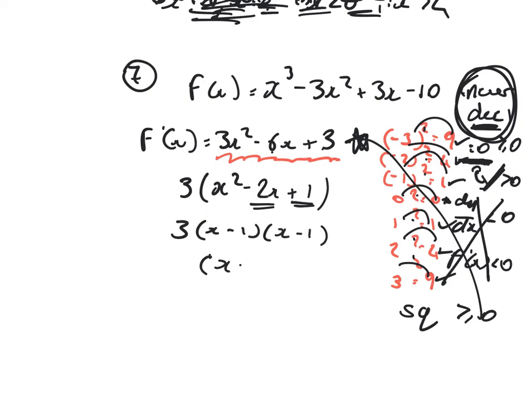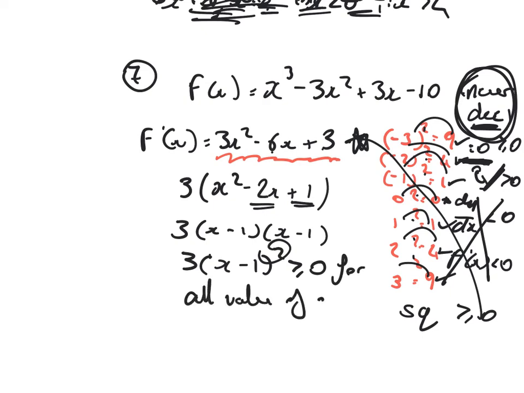That can now indeed be packaged up as a square. So because this is now a squared term, it can never hold a negative value, i.e. it's always greater than or equal to 0 for all values of x. Therefore, the function is never decreasing.